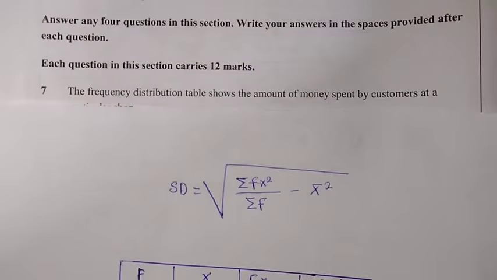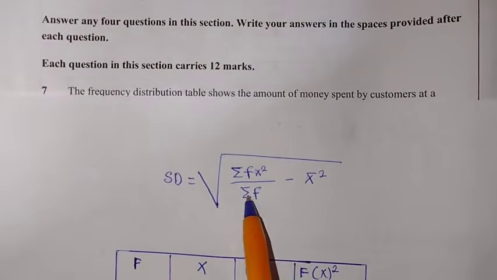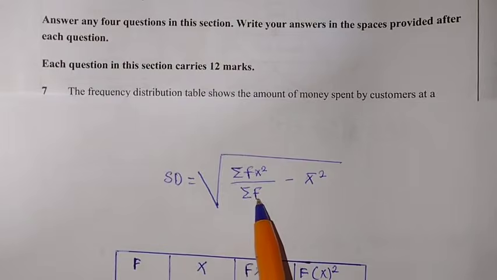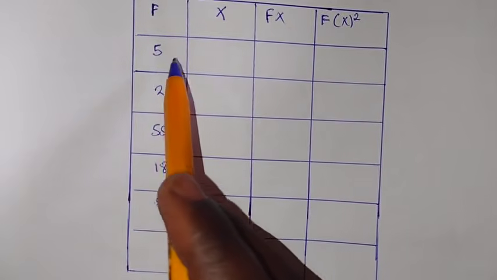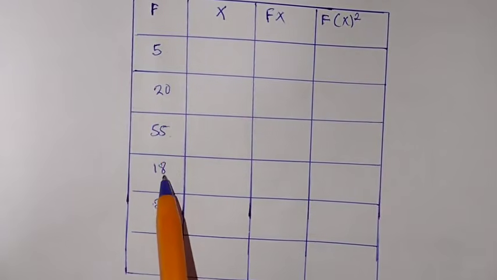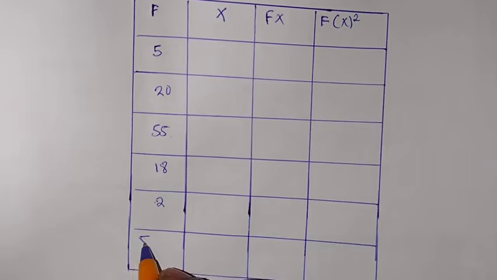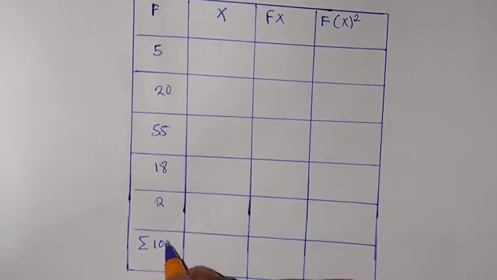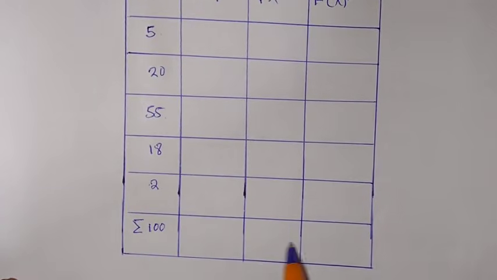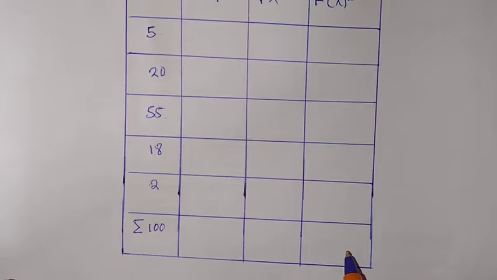Remember, on our formula we have the summation of f, which means we should add the frequencies. We should add 5 plus 20 plus 55 plus 18 plus 2. Once we add this, we are going to get 100. So this down here is supposed to hold the totals.